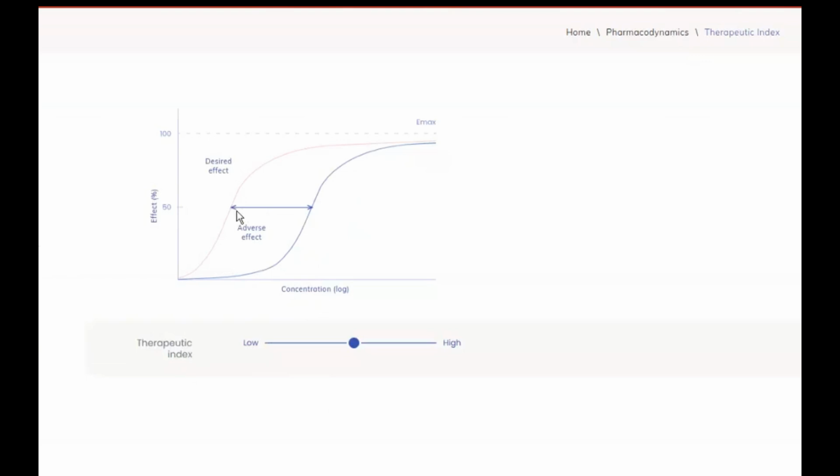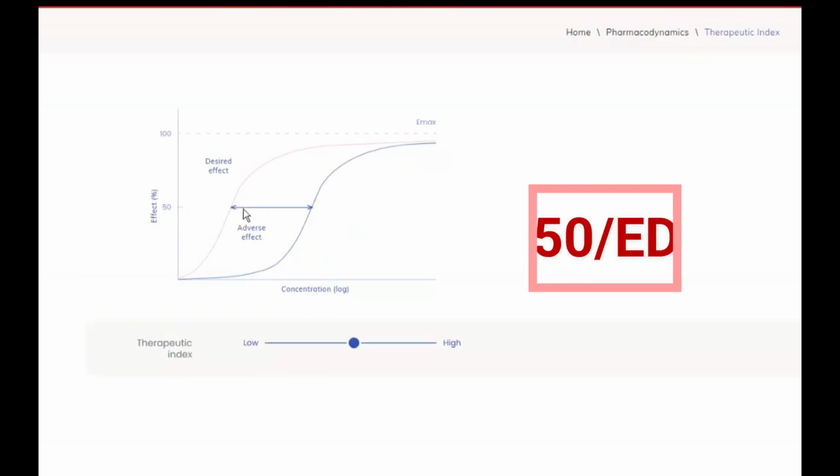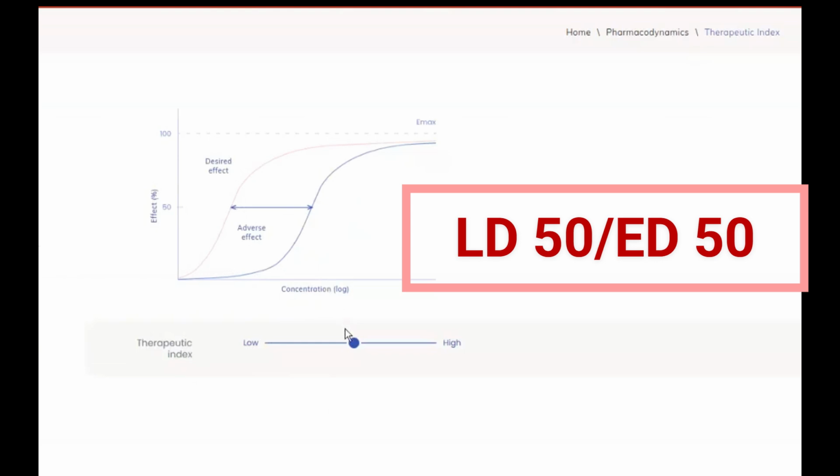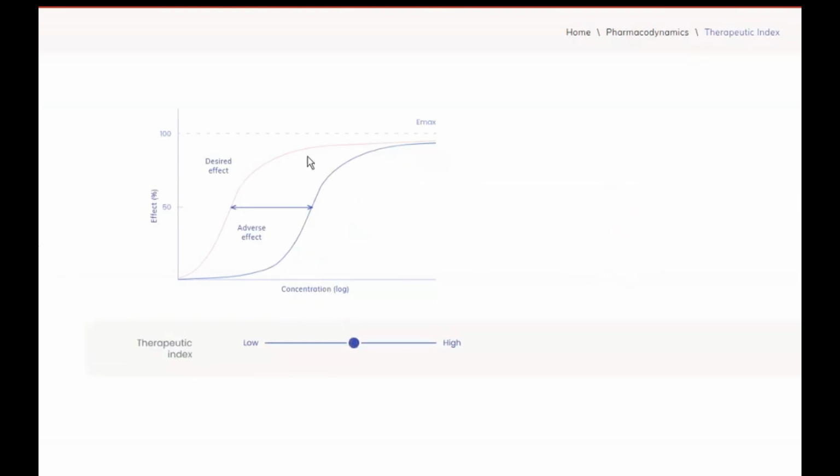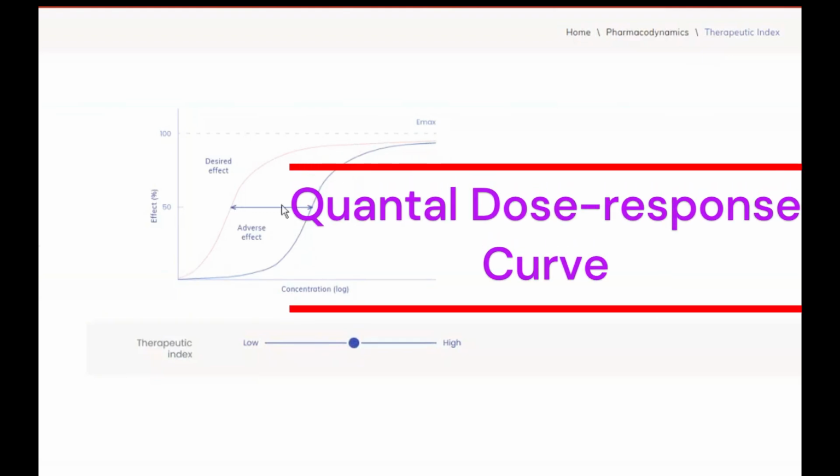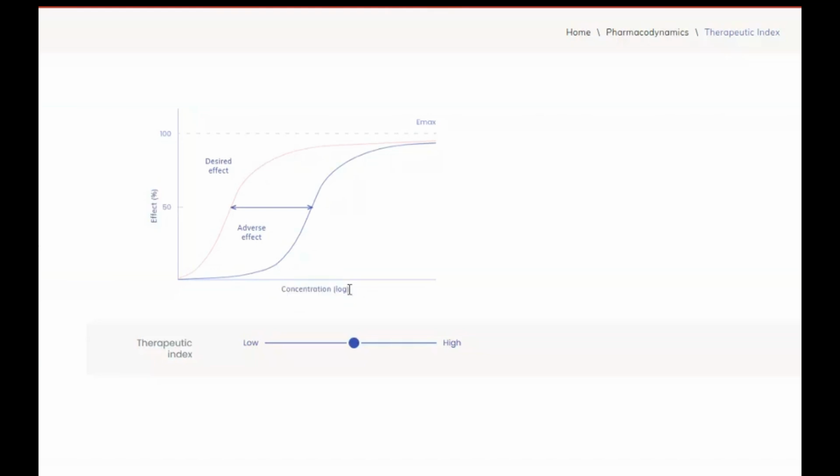So LD50 divided by ED50 is the therapeutic index. In order to know the therapeutic index, we need two curves, not only one, two dose response curves. This is termed the quantal dose response curve, from which we get the therapeutic index.